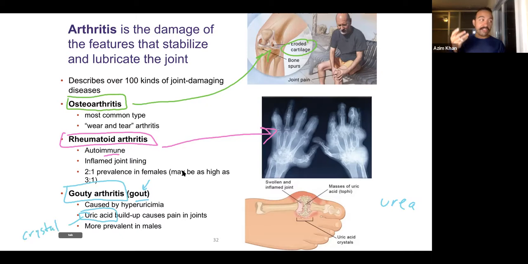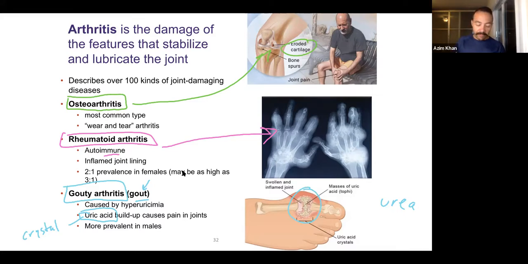And these crystals tend to accumulate in your joints, especially with gravity down to your feet, down to your toes. Those crystals get into your synovial fluids. That prevents lubrication. In fact, it will cause even more damage. You can't move your joints, it swells up, lots of pain, no fun.